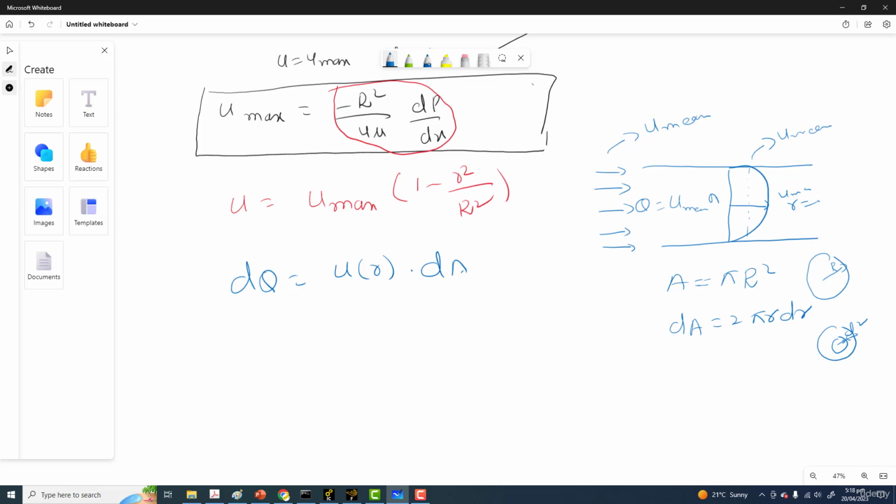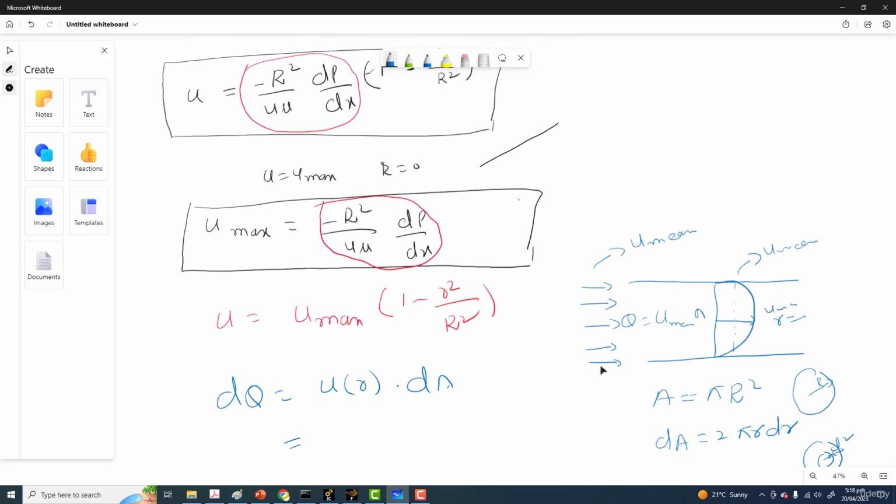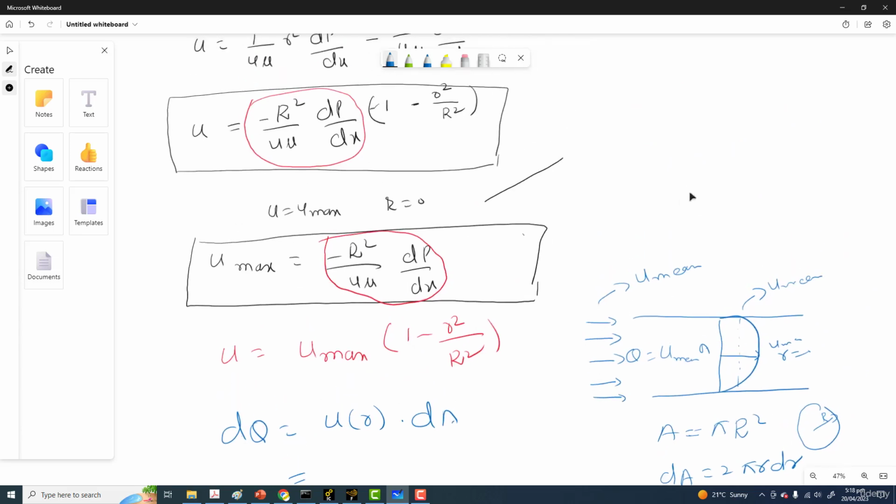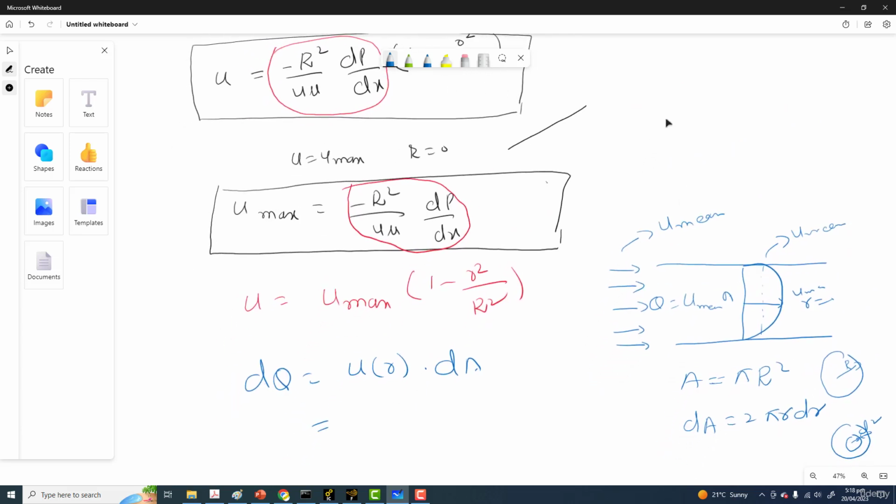So this u(r) will be, the same as we have shown, minus r square upon 4 mu dP by dx, and 1 minus r square upon R square, and the dA is 2 pi r dr.